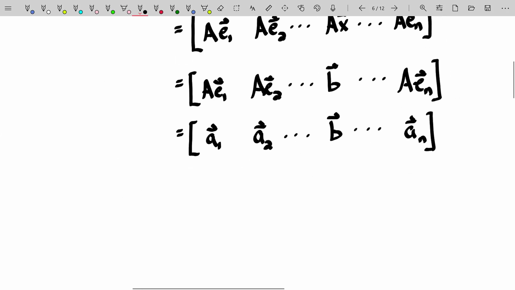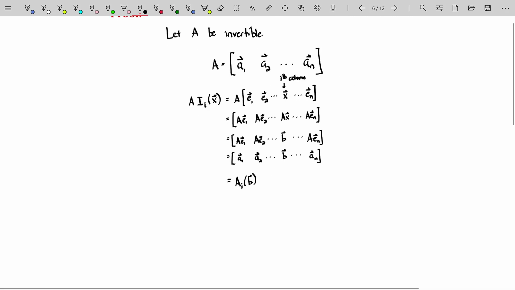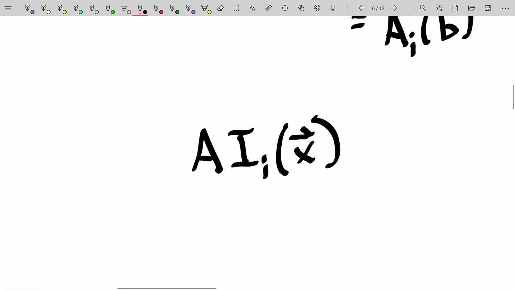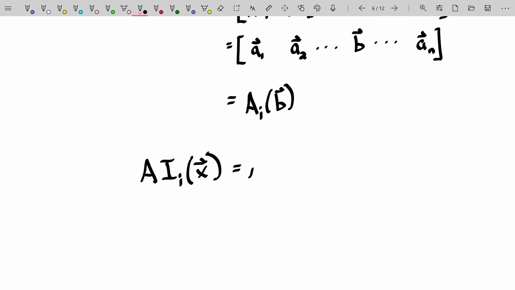However, if you take a look at this, by our definition, this is the same thing as saying I'm going to take column i of A and replace that with b. So what have we shown? We've shown that A times the identity matrix where the ith column has been replaced with X is the same thing as A with the ith column replaced by b.